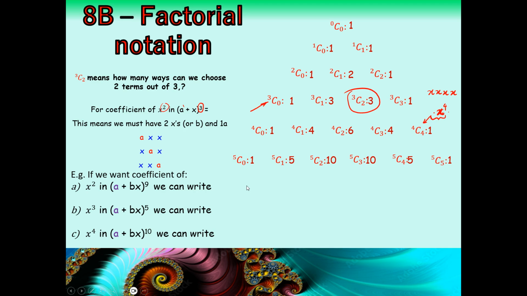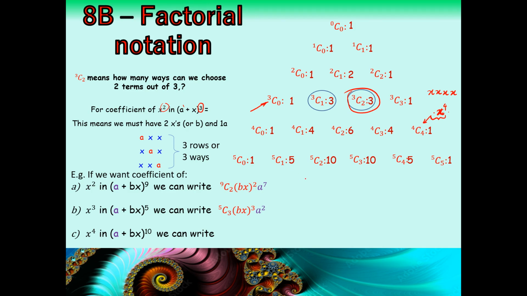We write 9 choose 2, bx raised to the power of 2, and a is a constant, it may be a number, a to the power of 7, and b should be a number, so you evaluate them.